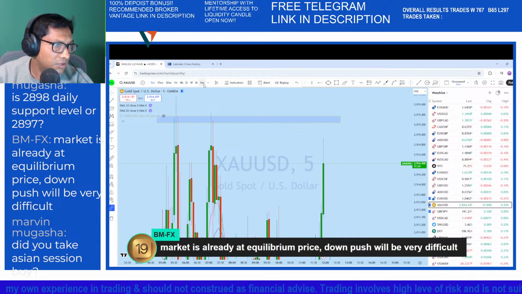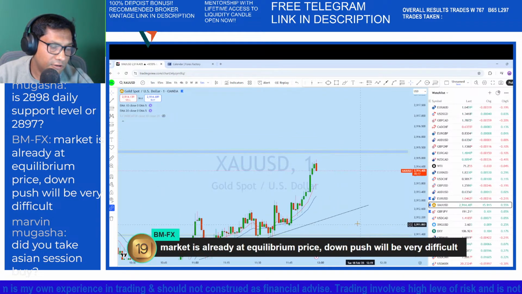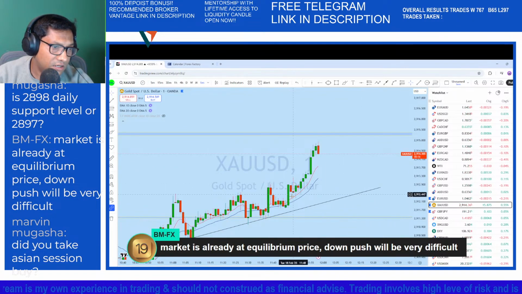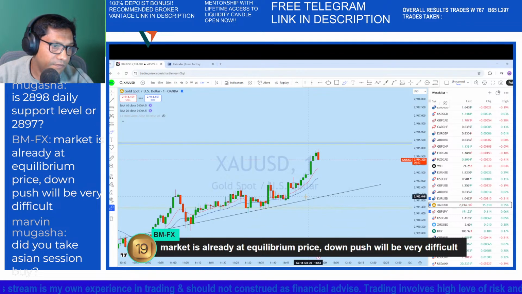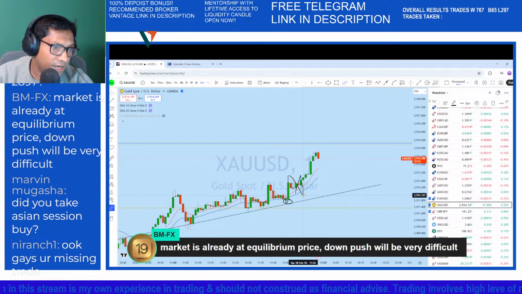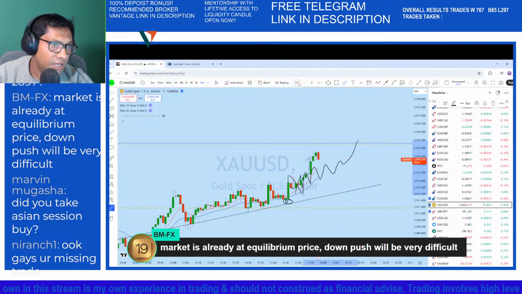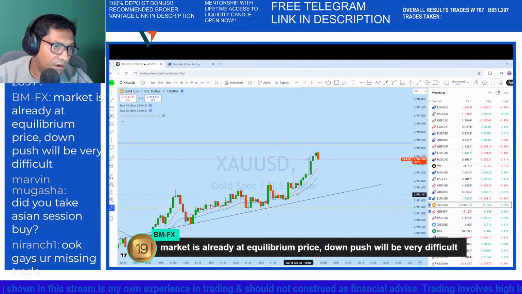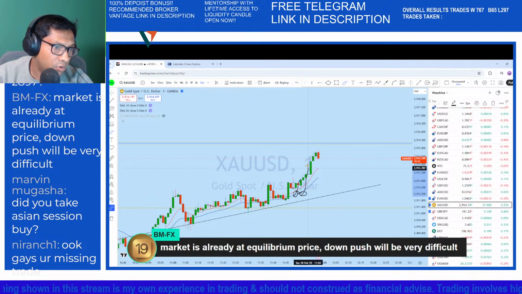So here we can see this is the 1 minute chart, and in that 1 minute chart we can see from here, okay, this is a bounce, a deeper pullback, and a bounce pullback. So the market here is grabbing liquidity, bouncing, grabbing liquidity, bouncing.